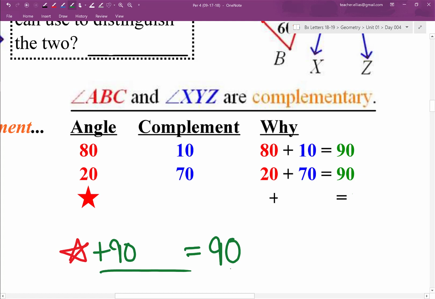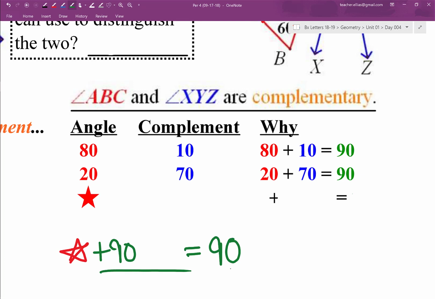You got 2 things. You got an angle named star, and then you have its complement, the other angle. When you add them together, what are you supposed to be left with? So you have this piece so far. You got star and 90.